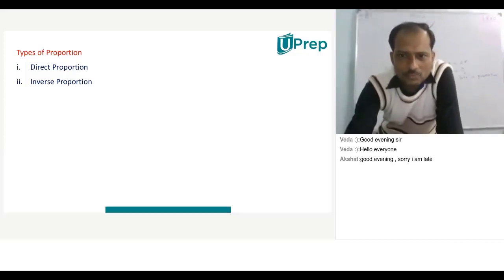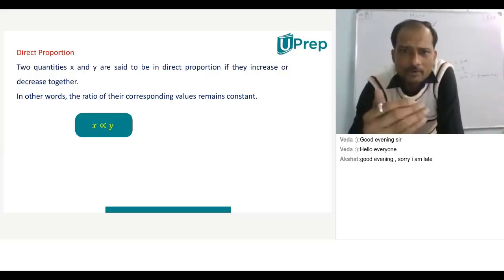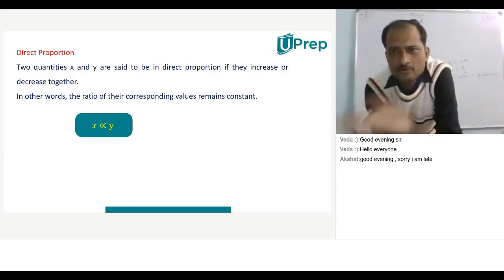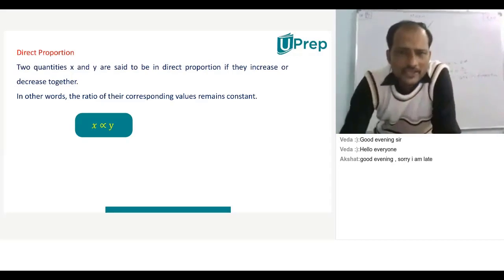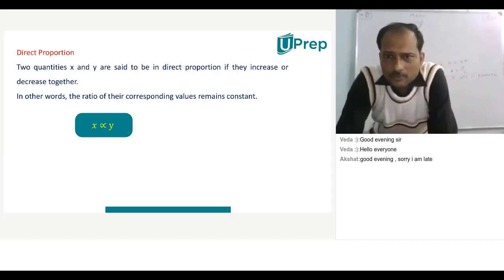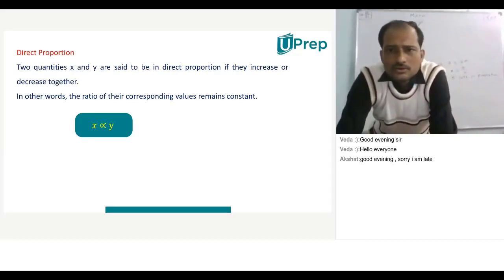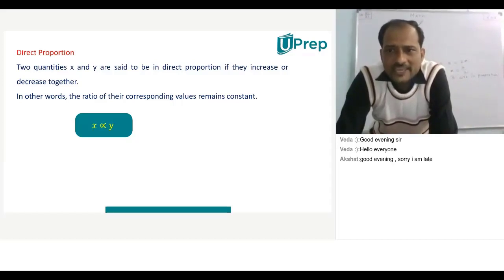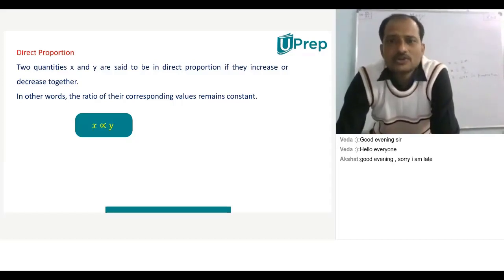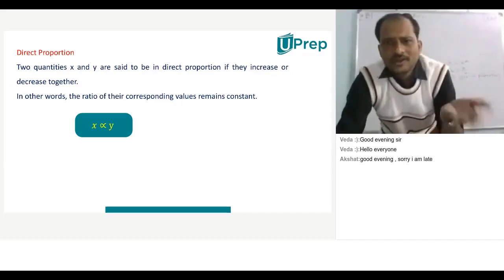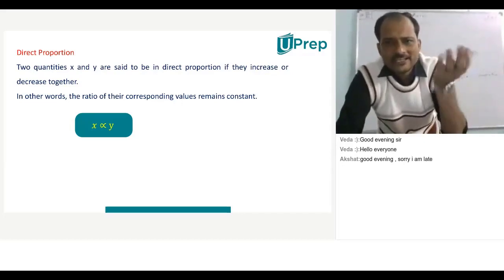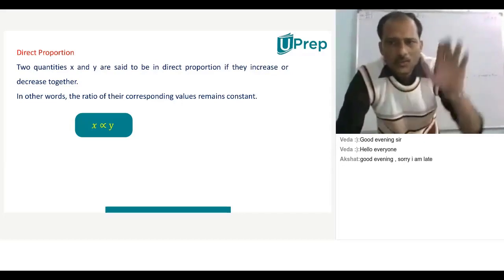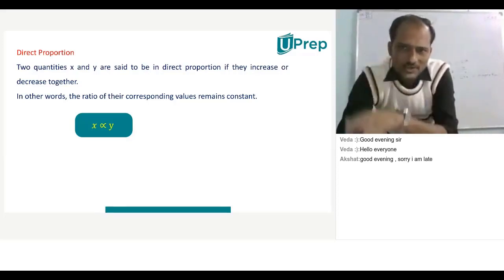Right. Now let's move on to learn something about direct proportion, and then we will move to indirect proportion. Here on the screen is direct proportion. Two quantities X and Y are said to be in direct proportion if they increase or decrease together. That means when X increases, Y also increases. When X decreases, Y also decreases.